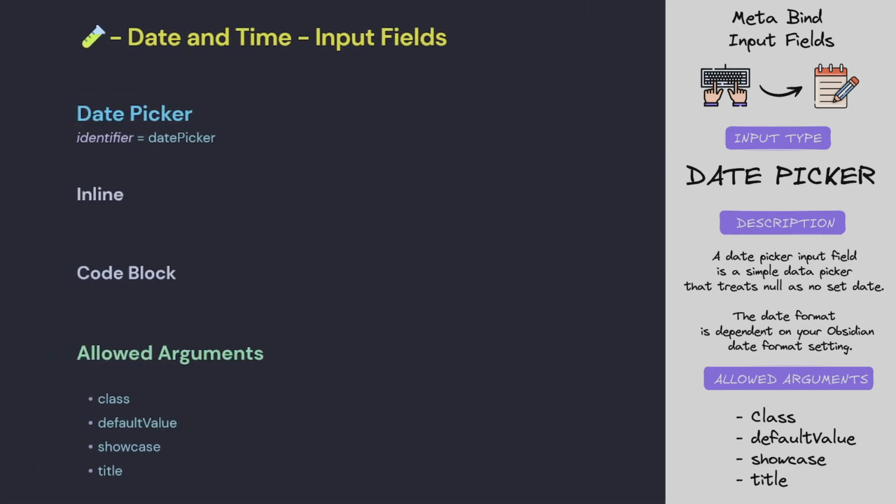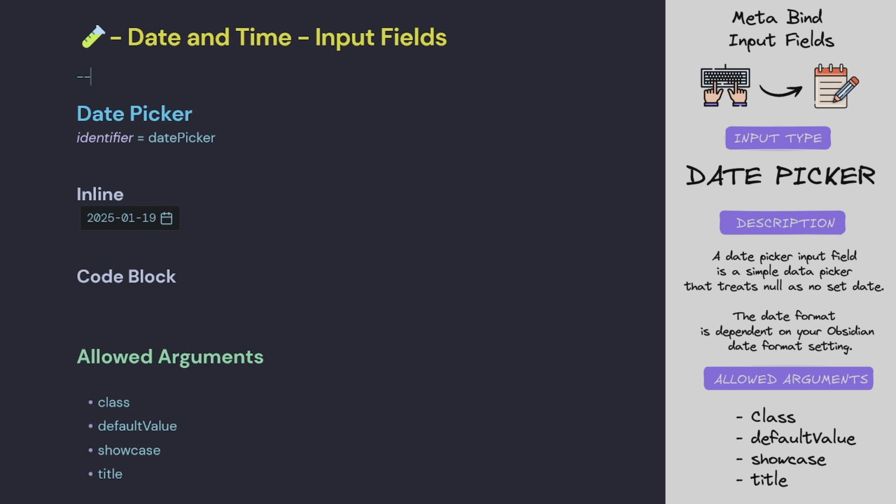So the date picker is very similar to the date input field. The identifier is date picker and it accepts inline and code blocks. So we'll do our inline first, input followed by our identifier date picker. We need to bind it again, so we'll just use the same property as before, date1.